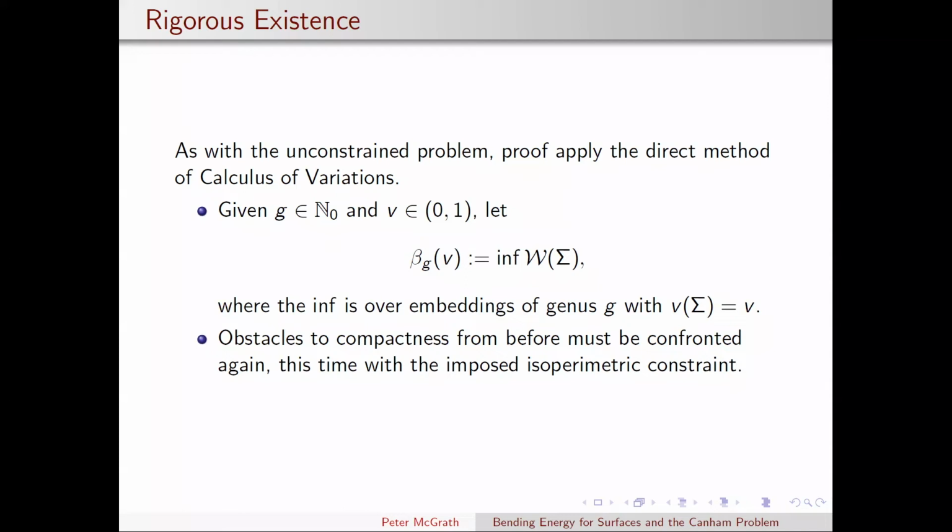Not so in this case, because if I have a minimizer, I can only do conformal transformations that would preserve the isoperimetric ratio, if that's what I care about. So there's a whole new world of difficulty one has to work with. And this is basically why this problem was not solved in 2003.